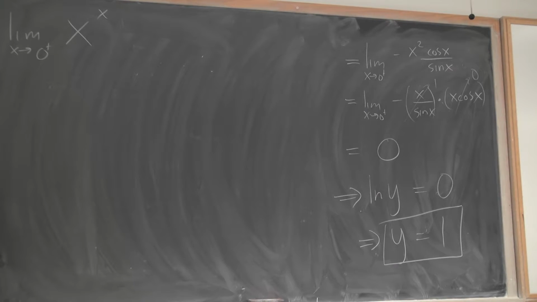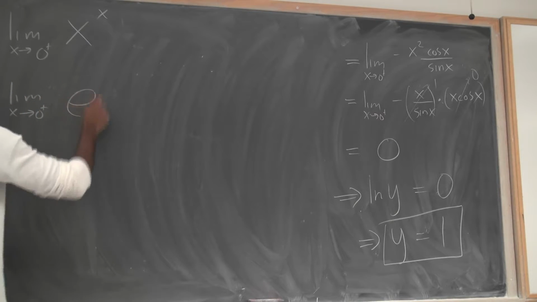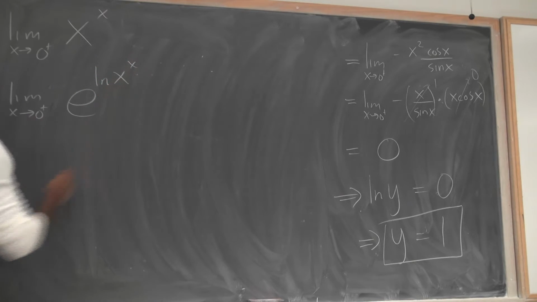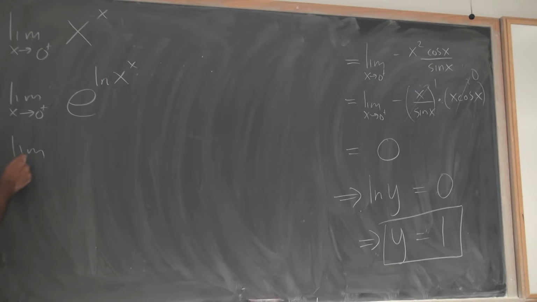Who wants to do the log both sides thing? E to the ln. No one likes that method? Everyone prefers e to the ln? Okay. So I can write this as e to the ln of x to the x, which just becomes e to the x ln x.